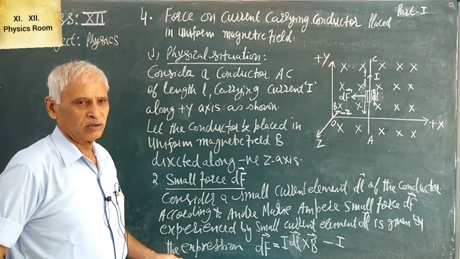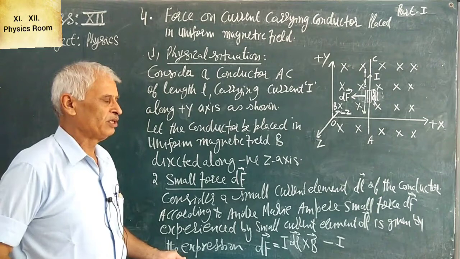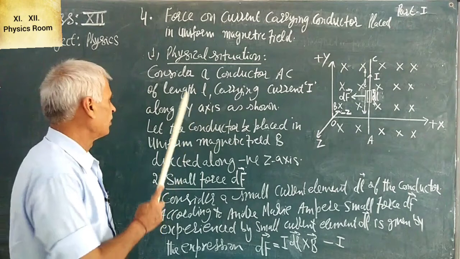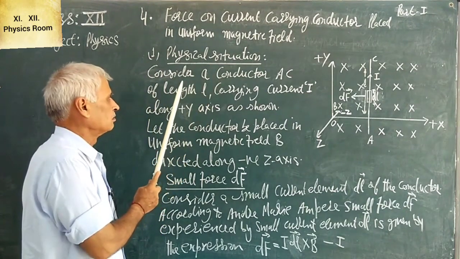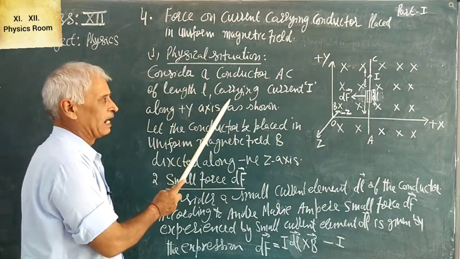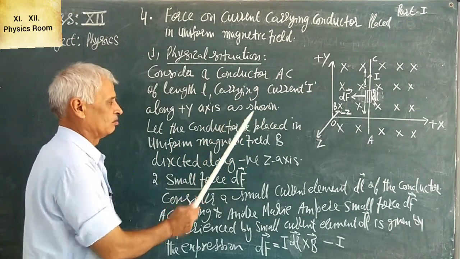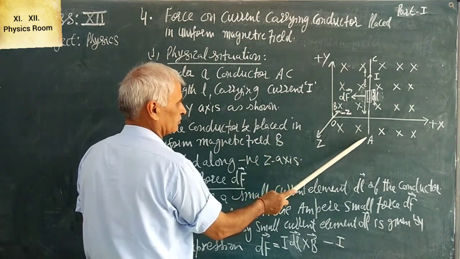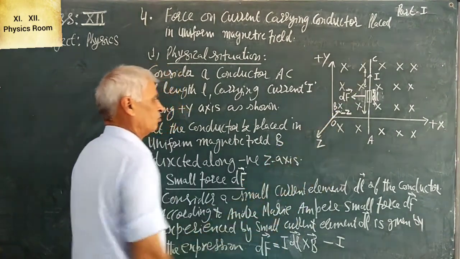Now, how do we find the force on a current carrying conductor placed in a uniform magnetic field? Let us see. In the first step, we develop the physical situation. Consider a conductor AC of length L carrying current I along the positive y-axis as shown.